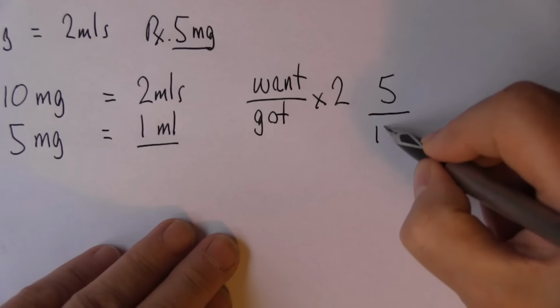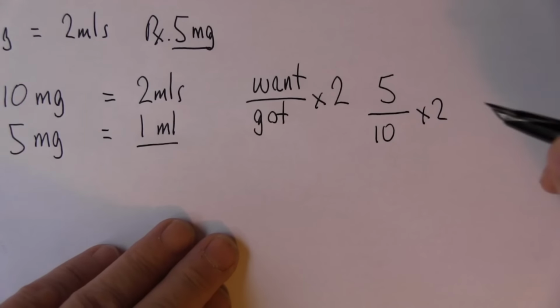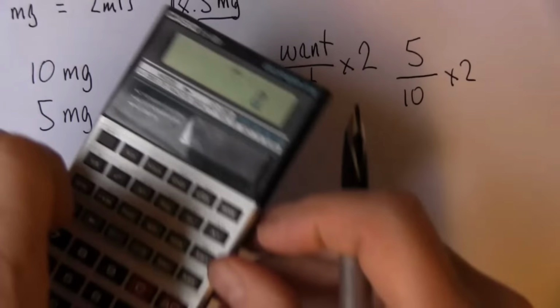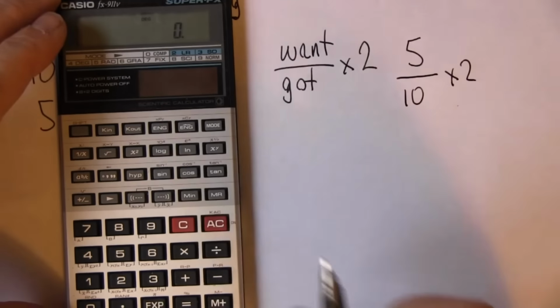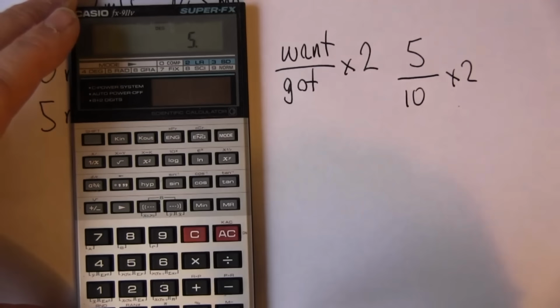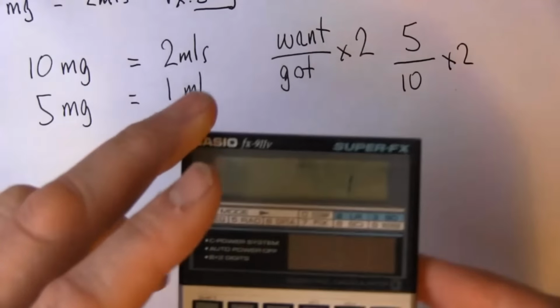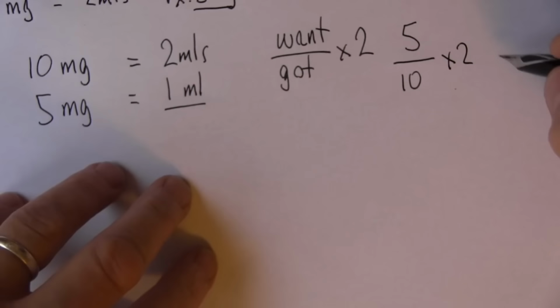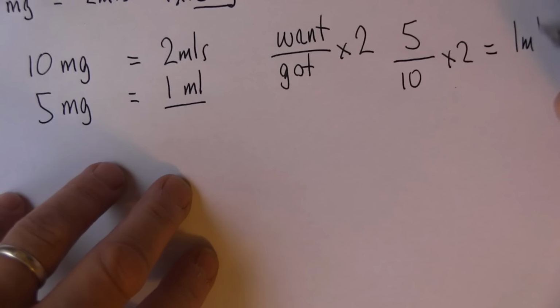What we've got is 10 milligrams times 2, which was the original concentration. So we get our calculator out for this one. So it's 5 divided by 10 times 2, and we see that that equals 1. So again, that's confirmed that the answer equals 1 mil.